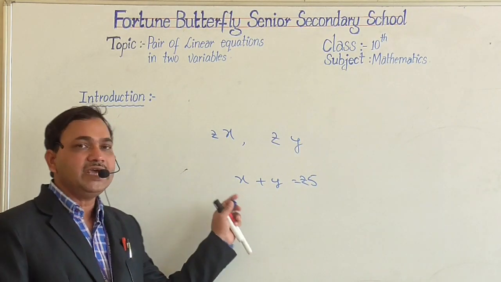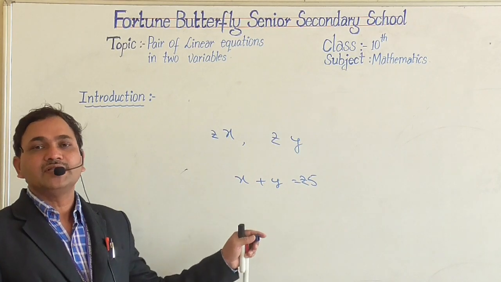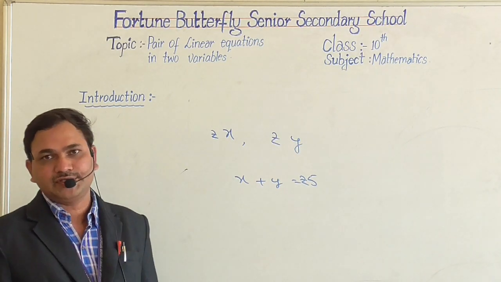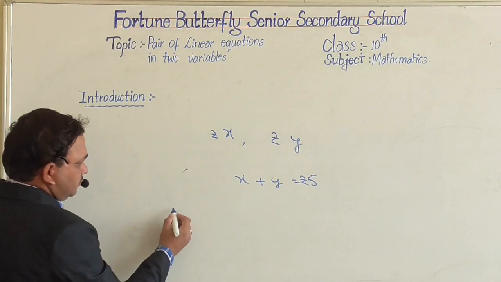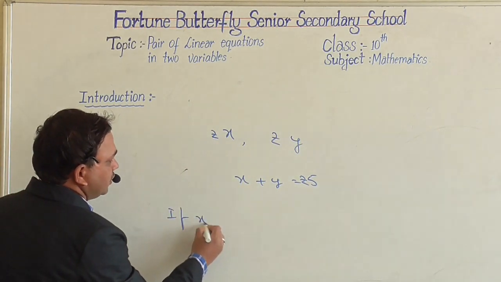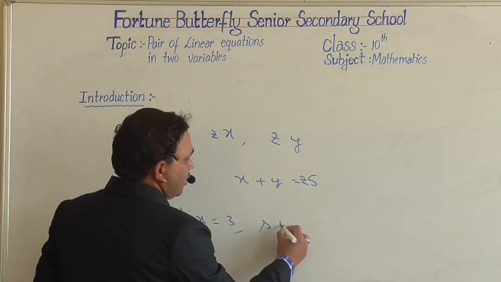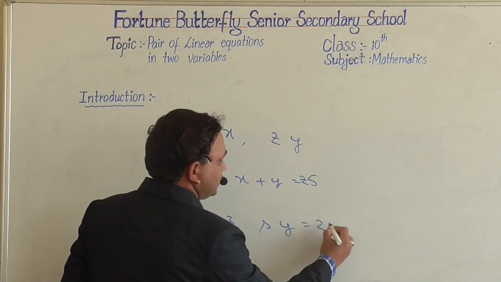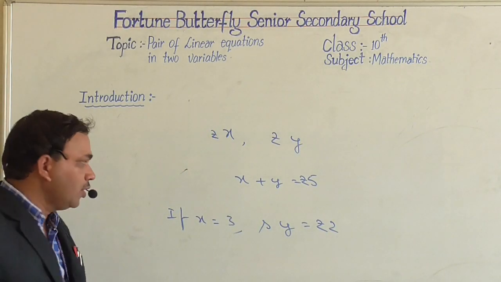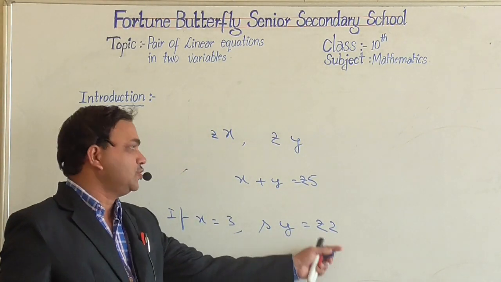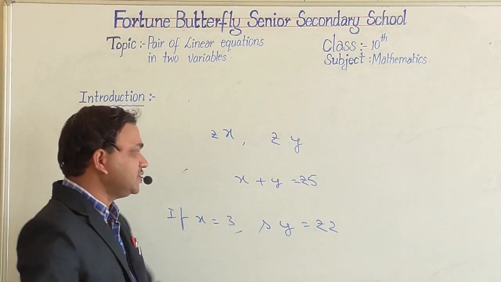Here we can use the hit and trial method to solve the pair of linear equations. Let us assume that x is equal to 3 rupees and y is equal to 2 rupees. Now substitute these two values in the given linear equation.